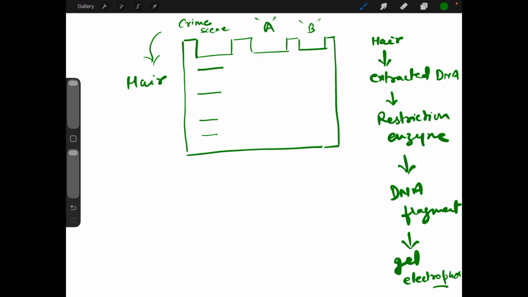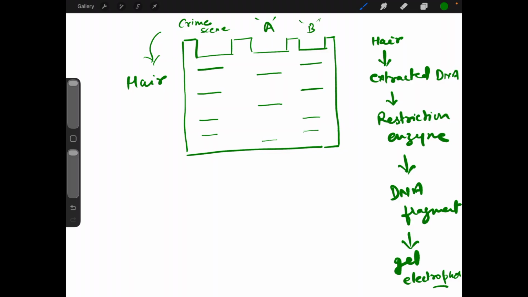So these are the DNA that we got from the person 1, and this is DNA from suspect B. Small fragments will move quickly through the gel pores, ending up at the bottom.